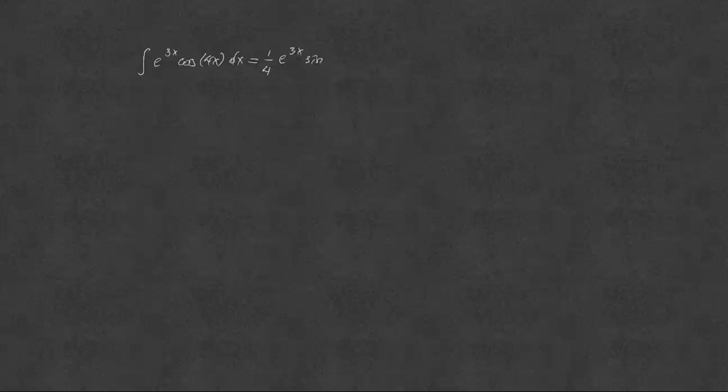We get the very first original integral. So it's the integral of e to the 3x cosine of 4x dx is equal to, and now we have 1/4 e to the 3x sine 4x minus 3/4 times, and let's write that expression here.